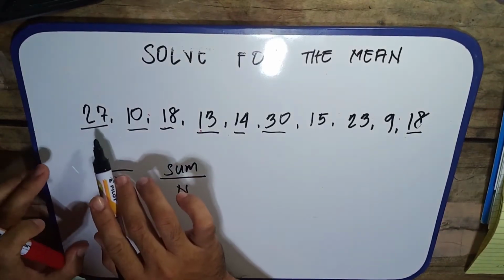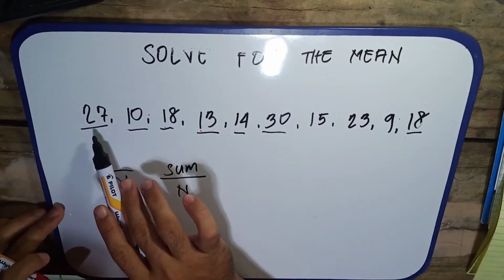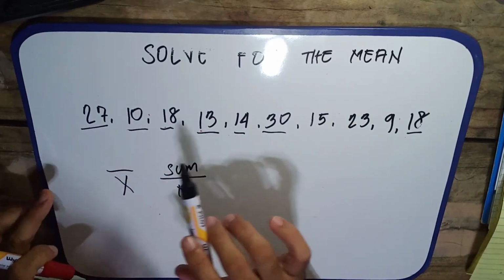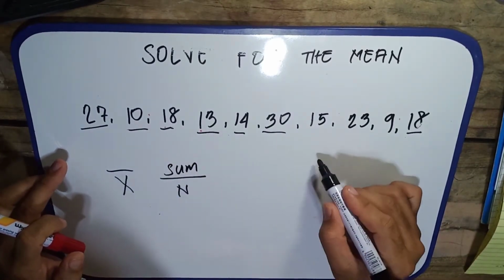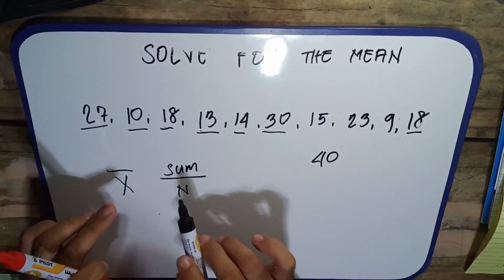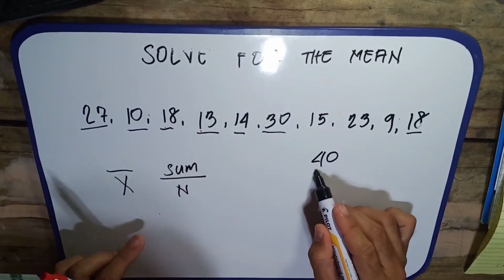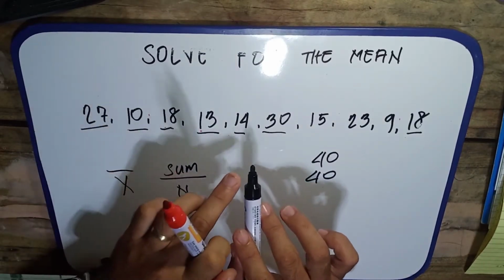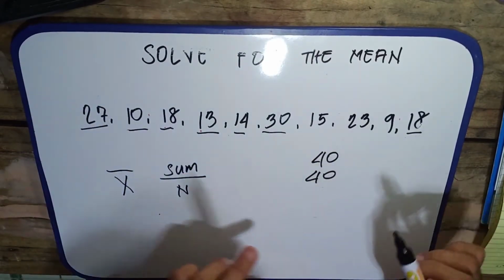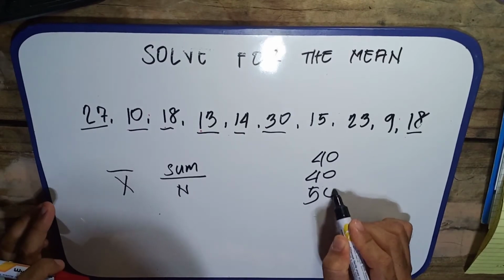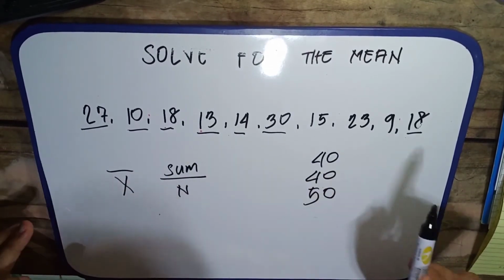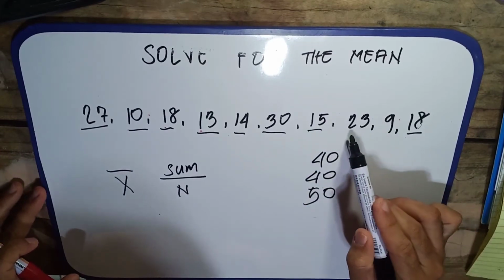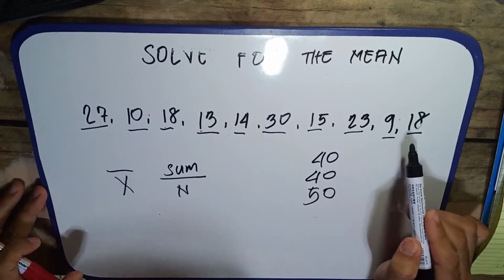So we need to combine first the numbers that are easy to combine, just like this: 27 and 13 is 40, 10 and 30 is 40, 14 and 18 here is 50, and the numbers that are left are 15, 23 and 19.